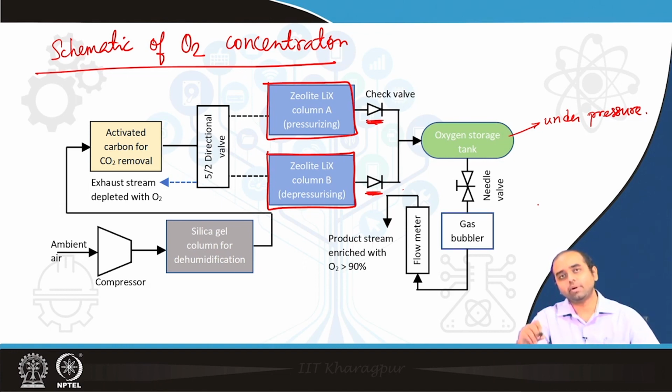The important part in this entire design and process performance is to understand and design this column effectively. The column performance is very essential, isn't it, as it is the heart of the system: what is the production rate, how the production rate changes with time, and what is the minimum volume of zeolite needed for a certain amount of production.